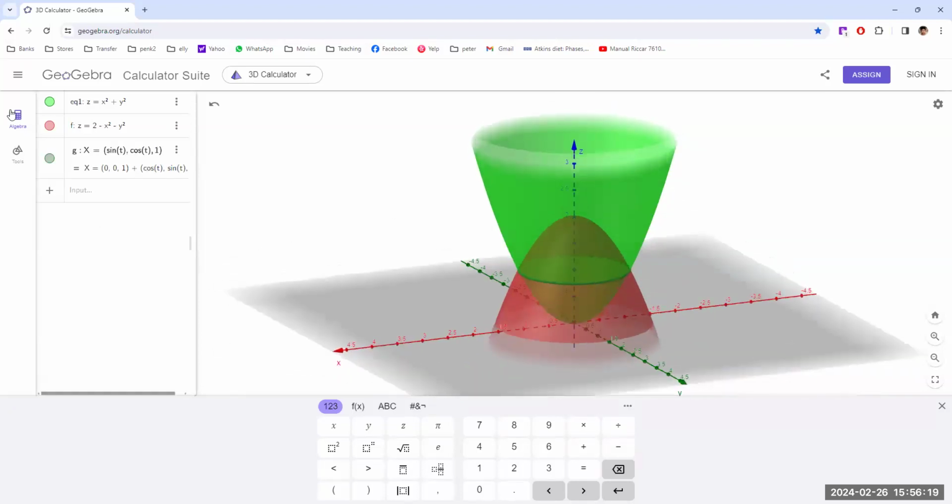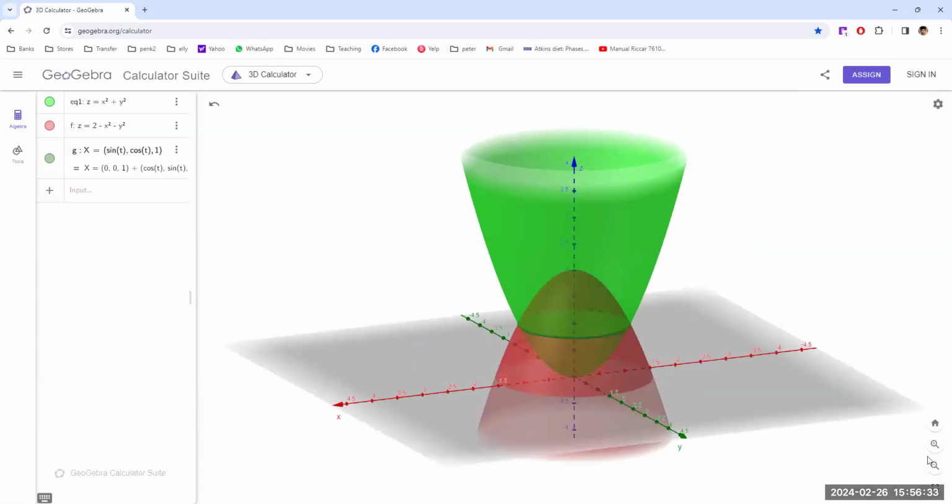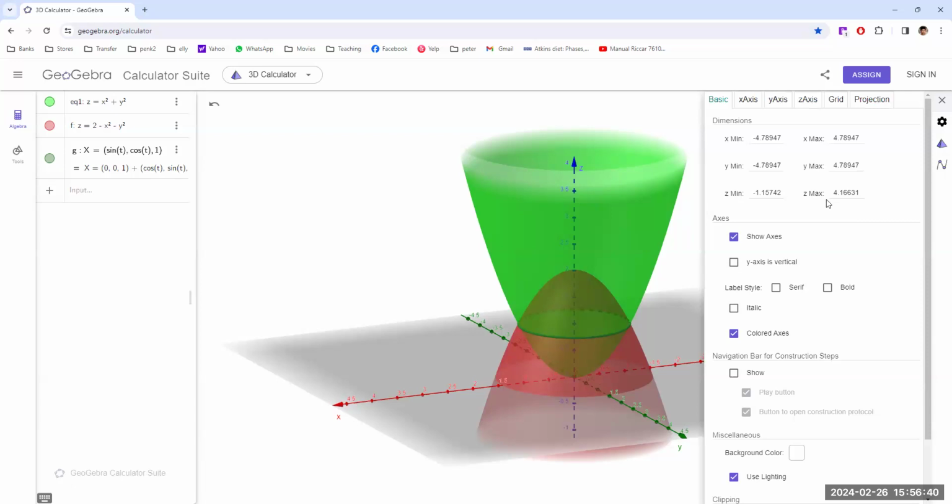Now, can you see better? Let me change the color of that space curve. The thing is, how do I change the color? Here maybe. Oh, hey. Setting. What's the color?